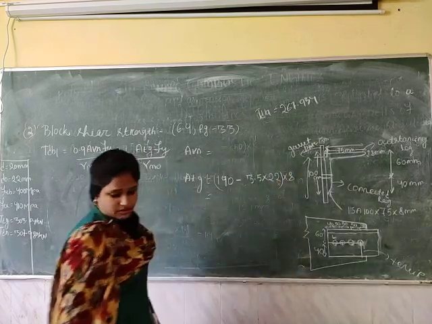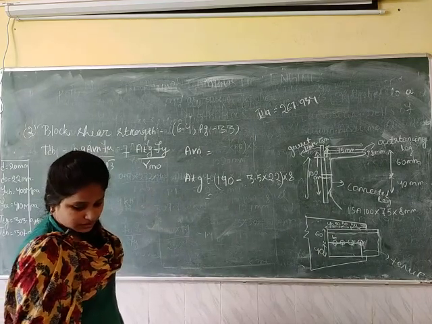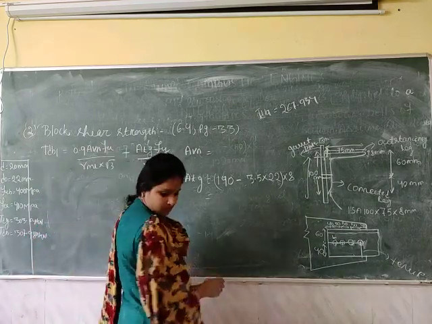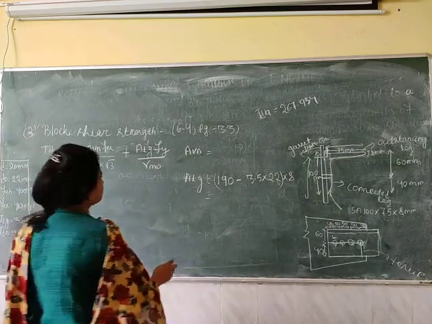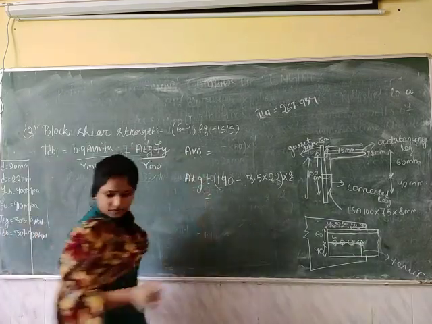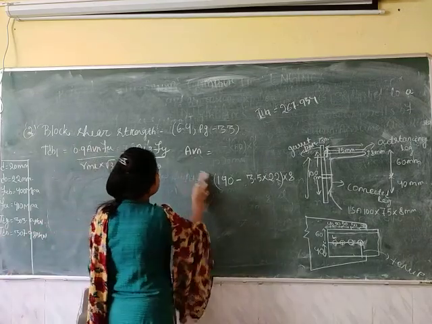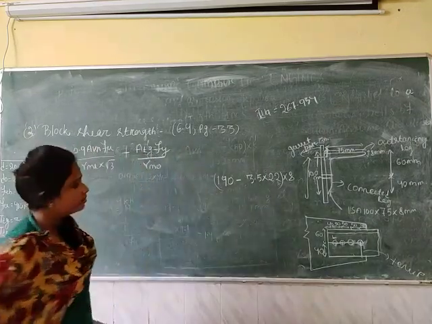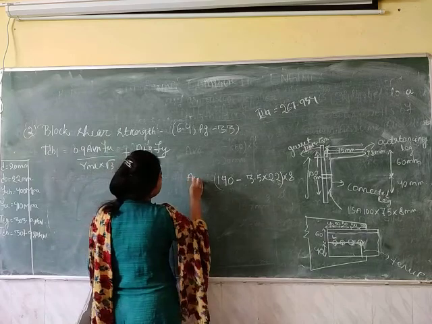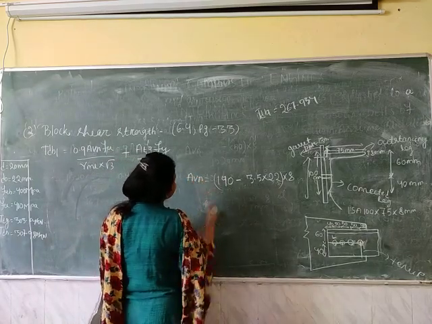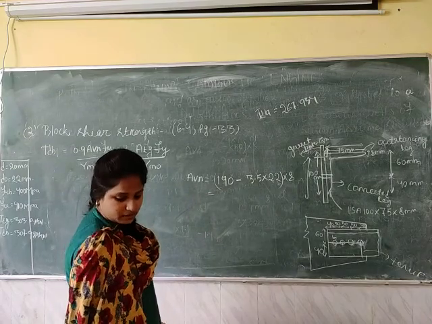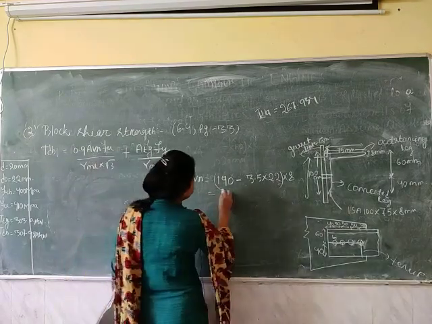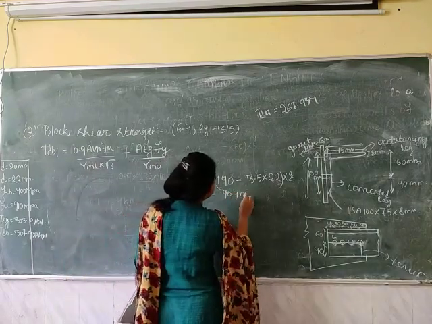Sorry, this is the AVN, that is the net area of the shear plane. So this value is 904 mm square.